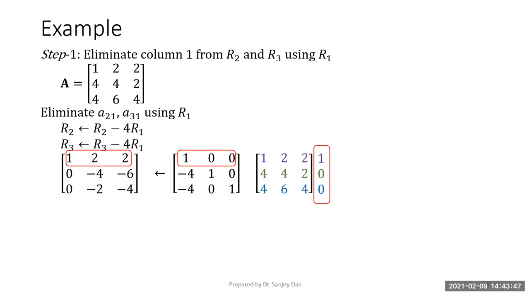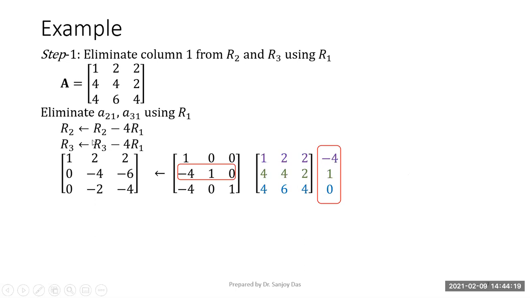Now let's look at the second row. -4, 1, 0. I juxtapose it here for convenience. So what I'm doing is I'm multiplying row 1 with -4 and row 2 with 1 and row 3 with 0 and then adding them up together, right? So what do I get? If I do this, I get 0, -4, -6.